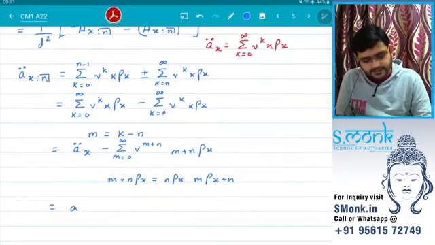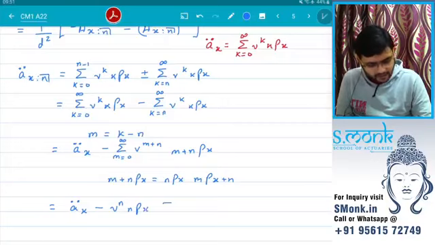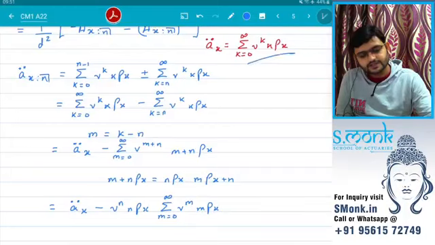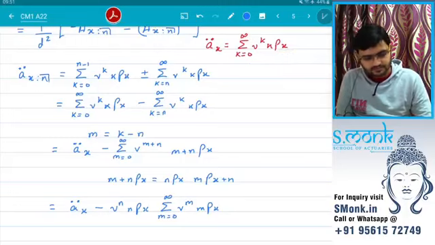So I'll get a due x minus v raised to n npx outside, and summation m going from 0 to infinity v raised to m mpx plus n.